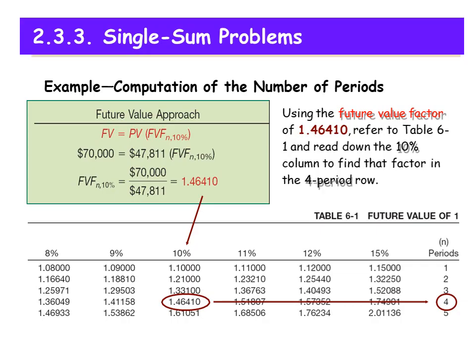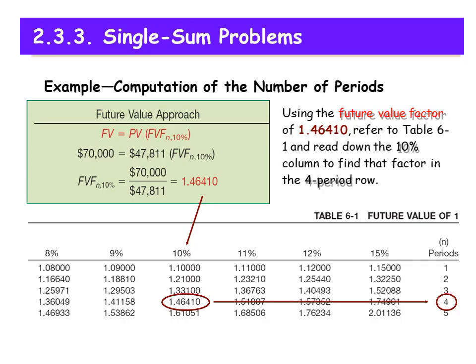We can get it by this, or directly find the future value factor. Future value is equal to present value times the future value factor of n at 10%.